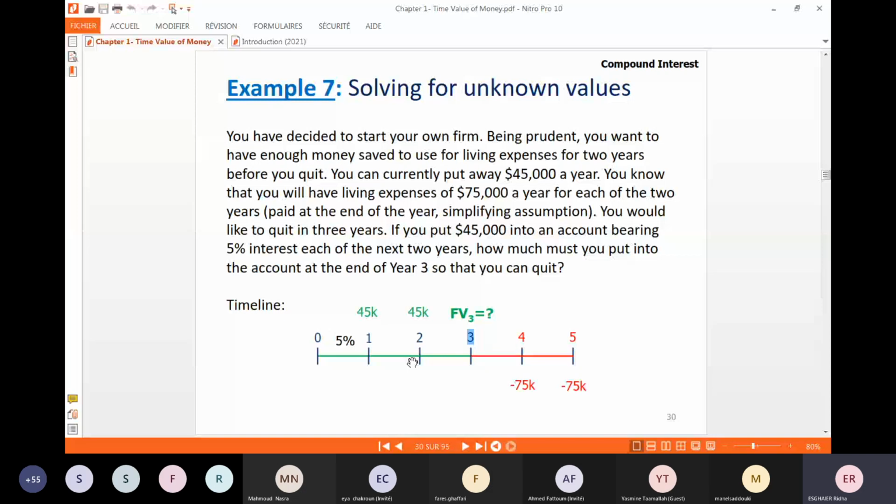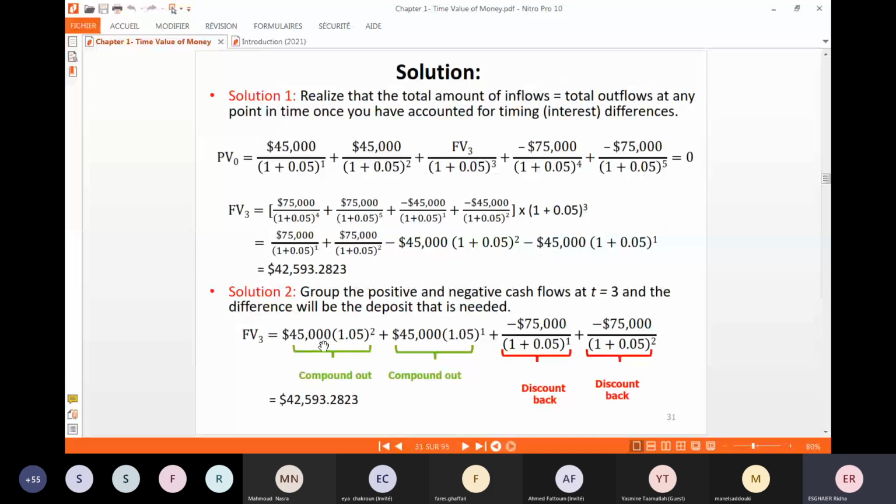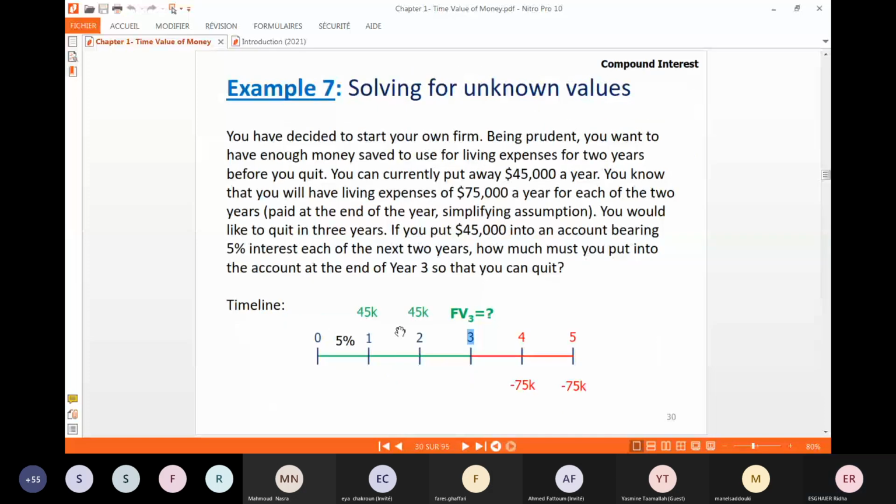So to compound 45 from the year 1 to the year 3, we will compound it for 2 years. So this 45 at the date 3 will give us 45 times 1 plus i power 3 minus 1, n minus t, 3 minus 1, 2 years.